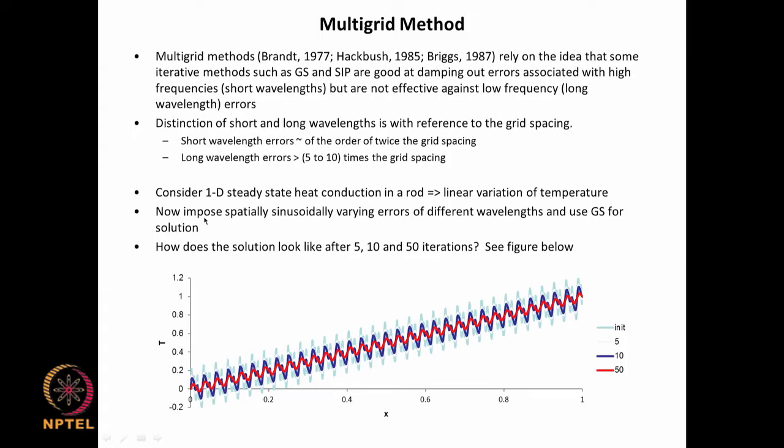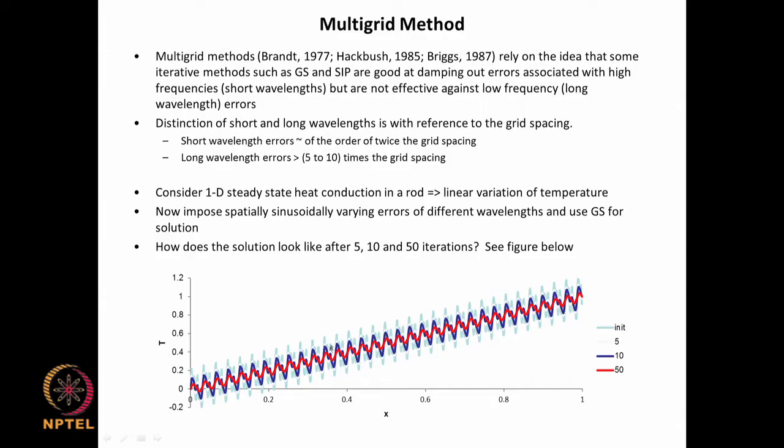So, we are considering a 1D steady state heat conduction with a linear variation, and on top of this linear variation we are adding error of different wavelengths. We are saying that T at any point is given by the linear variation between 0 and 1. For example, at the midpoint x equal to 0.5, we expect T to be 0.5, but now we are saying that T is 0.5 plus a sin(x by lambda 1) plus b times sin(x by lambda 2), like that.